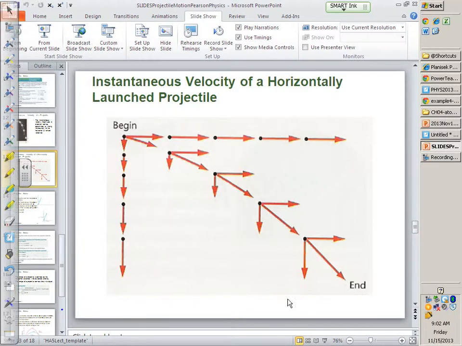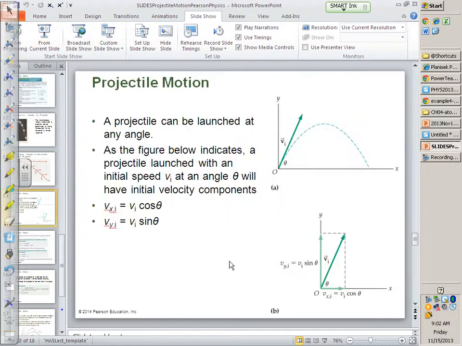At the end of this, when this object is getting to the end, it's actually traveling both horizontally and vertically, and the actual speed is the resultant of those two, the hypotenuse of that triangle. Same idea, except now we're dealing with the beginning of that object's flight, not the end of its flight.